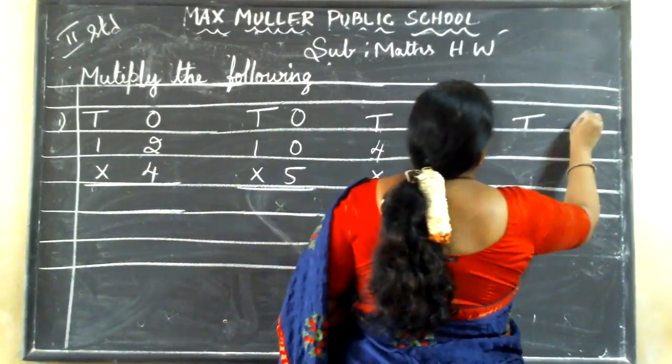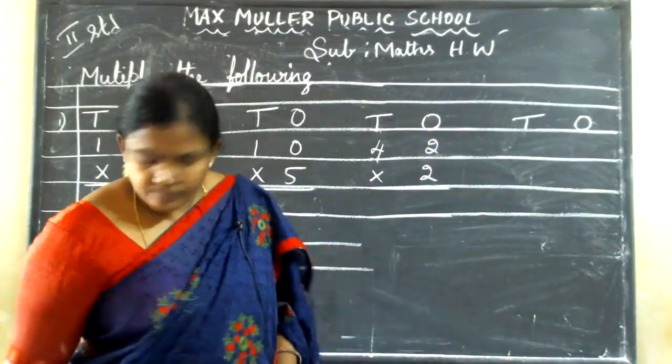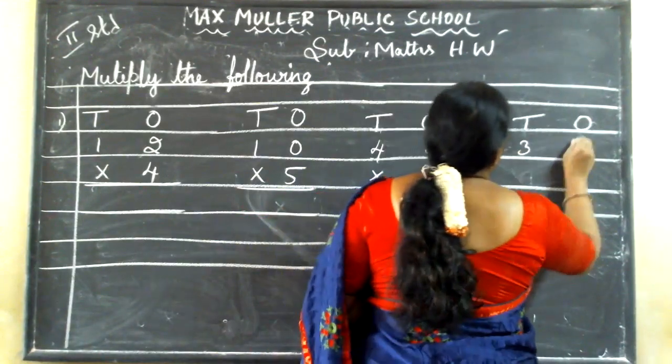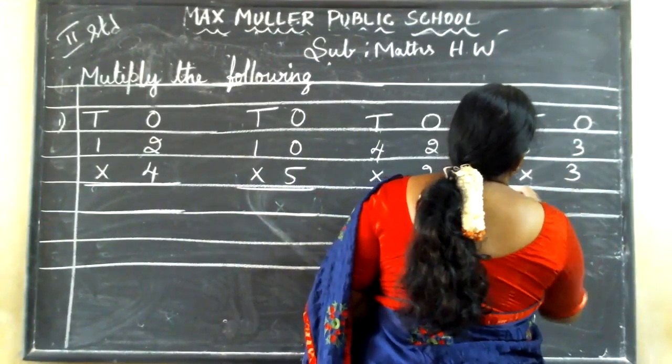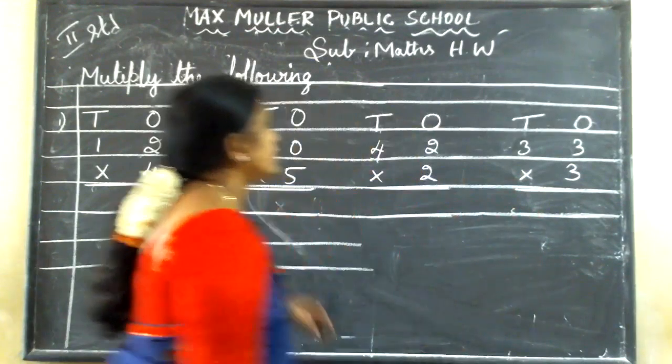Fourth sum: 33 multiplied by 3. See, this is the homework, children.